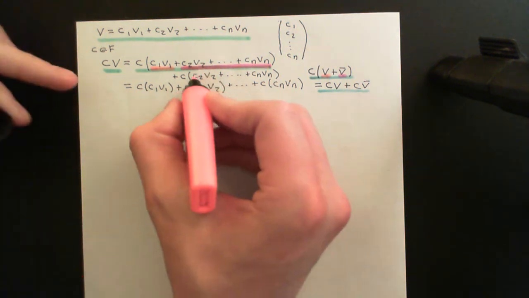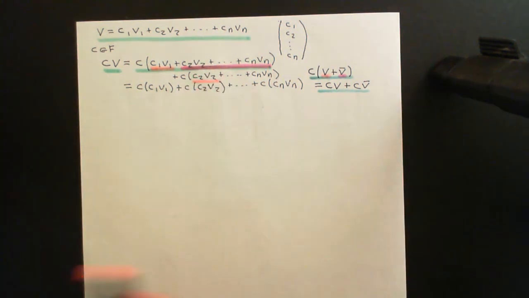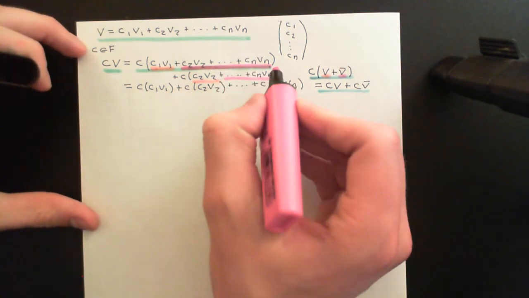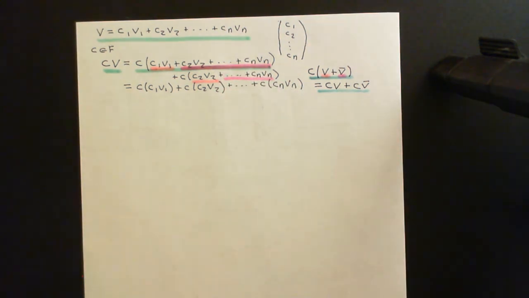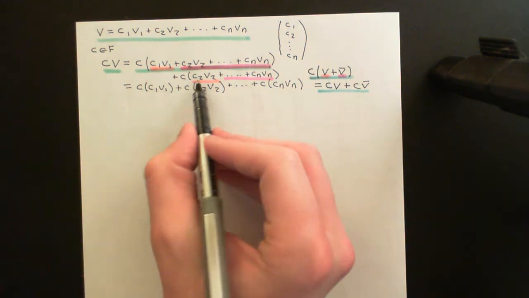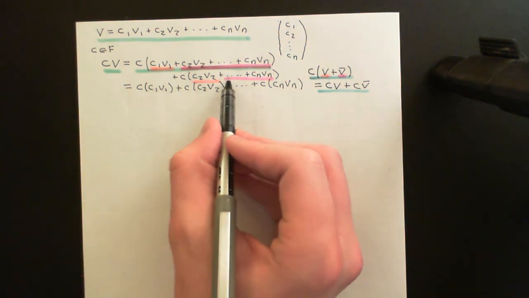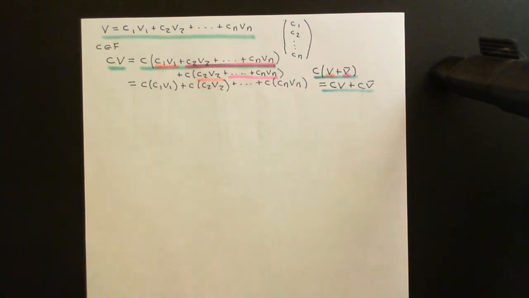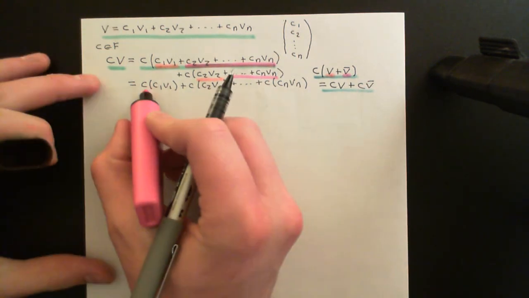Consider c2 v2 as just being one vector, and then consider the rest of it, c3 v3 plus c4 v4 all the way up to plus cn vn as being the v bar, and then you can split it into c times c2 v2 plus c times the rest of it, and you can just continue this on until you have eventually broken it down into this line that I've got here.